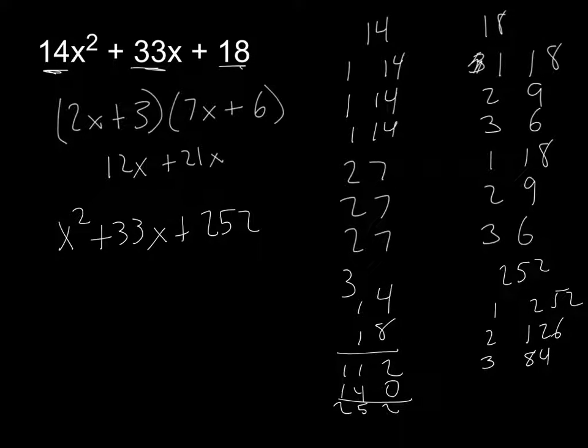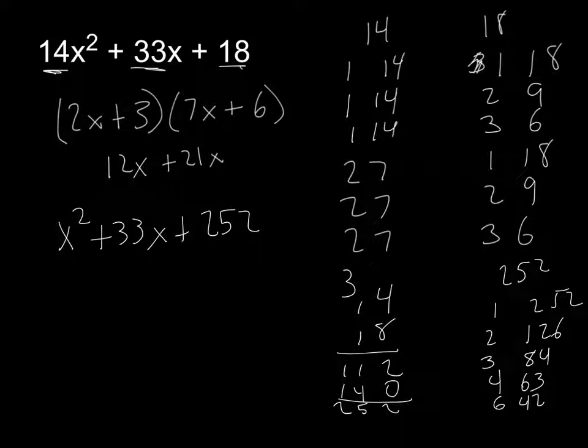And you have to keep going like that until you find all the different factors of 252. 4 goes into 252 63 times. 5 doesn't go in. 6 goes into 252 42 times. As I start getting closer, I can see 6 and 42 are getting closer to possibly working out that way.